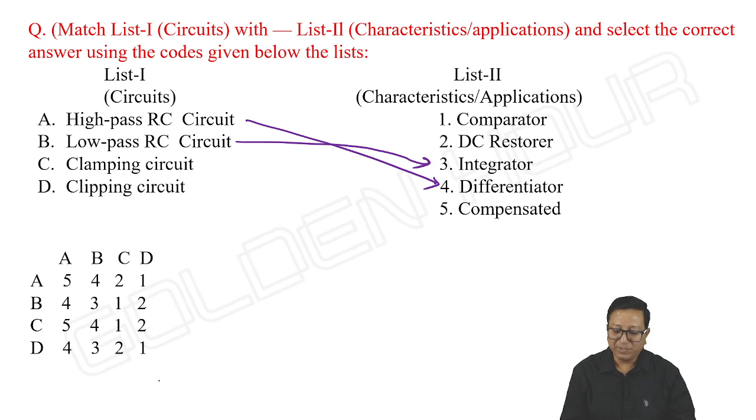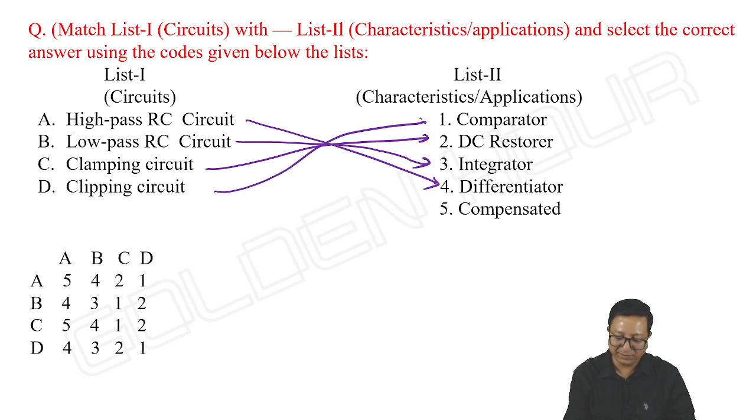And clamping circuit or a DC restorer. And a clipping circuit can also be used as a comparator. Another application of a clipper is a comparator, not a compensated circuit. So A4 only, we can see, and B3.